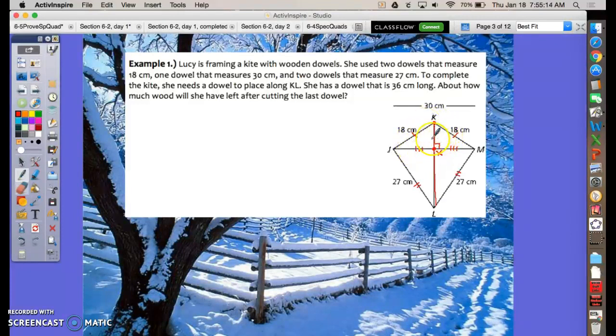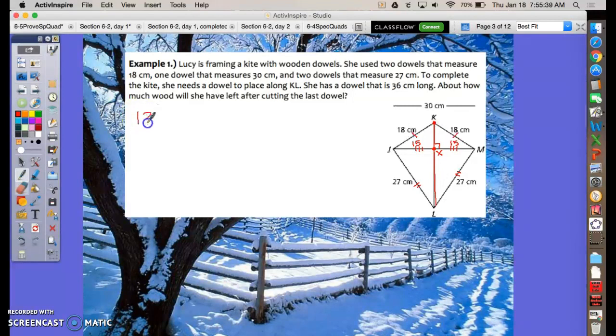Now I could solve this because I could find what this length is. How could I find that length? Well, since the whole dowel measures 30, we know this is 15, right? No work there. Now I can find the top part and the bottom part using what? Using the Pythagorean theorem.